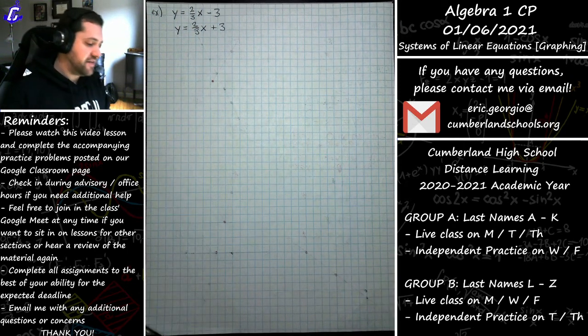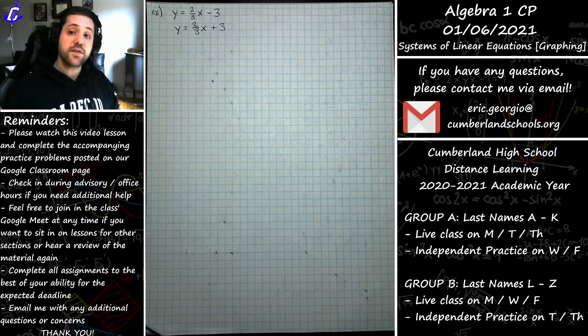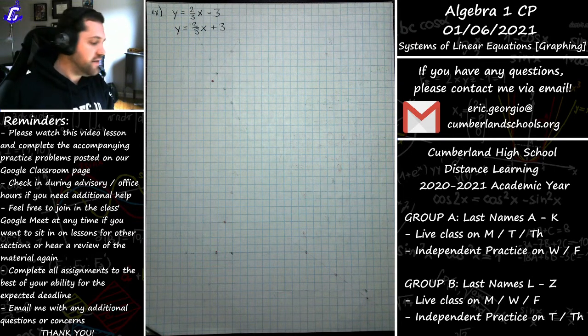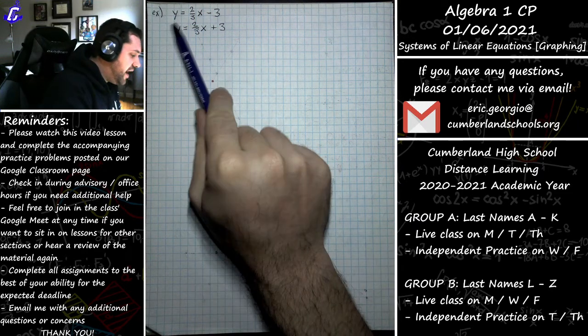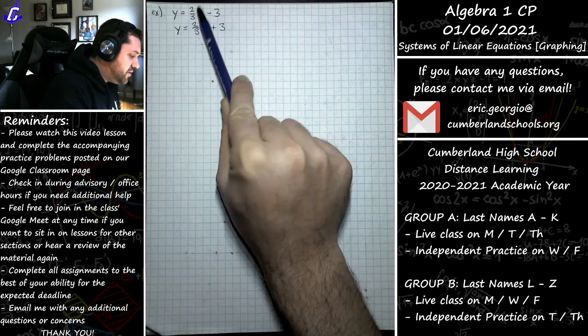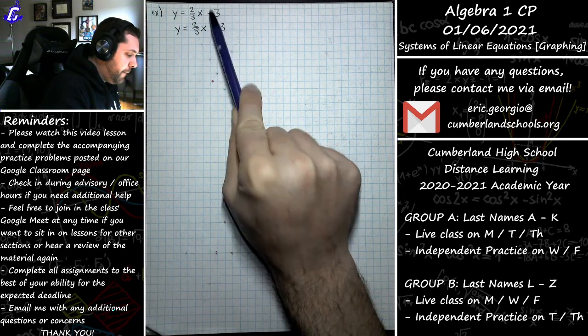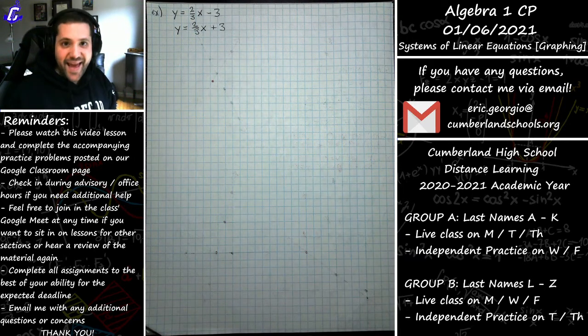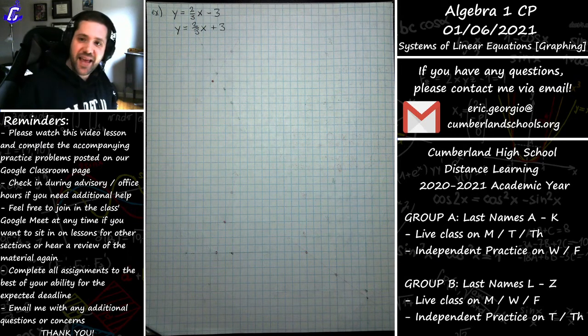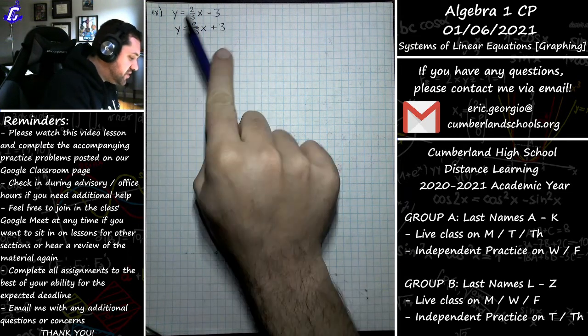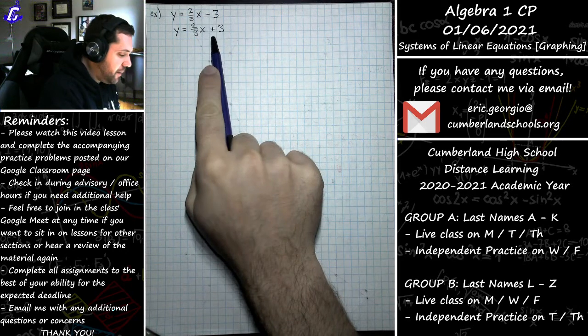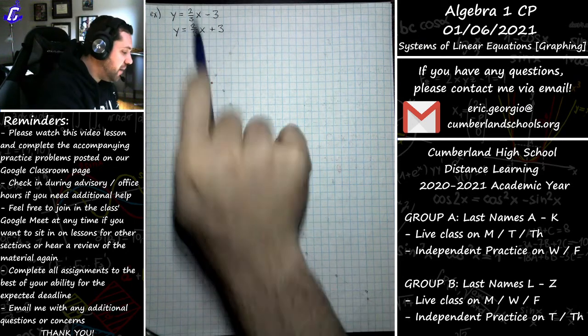Well, I have a lot of things to say about this right away. First of all, you should notice that this system of equations will not really make a lot of sense. How could you say that y is equal to 2/3 times some number minus 3, and at the same time that same y is equal to 2/3 times the same number plus 3?